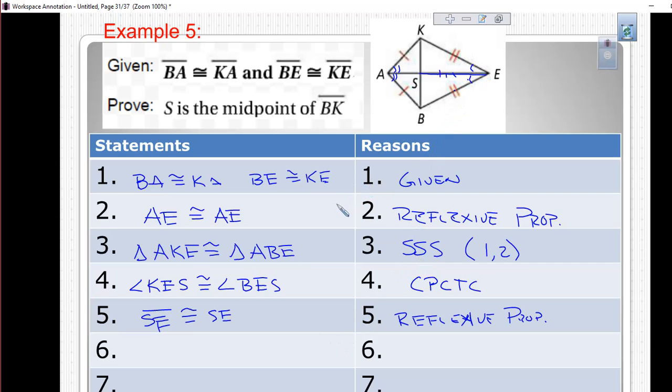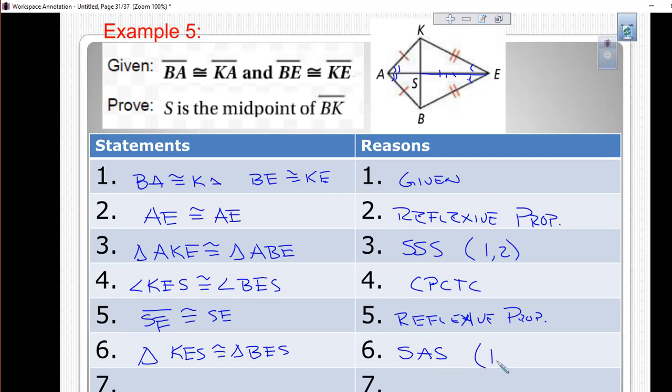So now we can say that we have two triangles congruent again. So we can say triangle KES is congruent to triangle BES. And our reason is going to be side, angle, side.